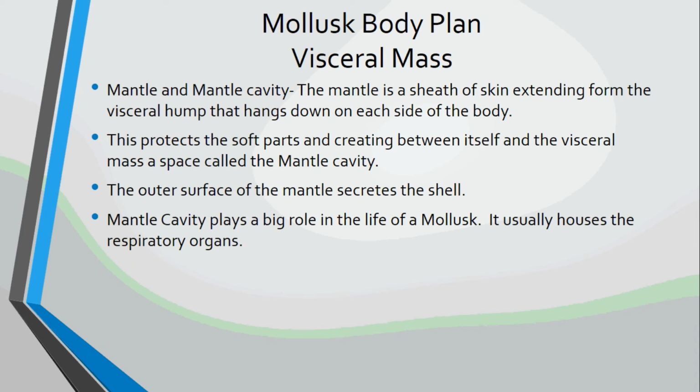So in clams, this is going to line the inside of the shell, but in your soft-bodied cephalopods, your squid and octopus, that kind of thing, the mantle really forms the body wall itself because they have no shell. So your mantle and mantle cavity, again, will be very different depending on which group of mollusks we're talking about. So it protects the soft parts and creates a visceral mass inside this mantle cavity.